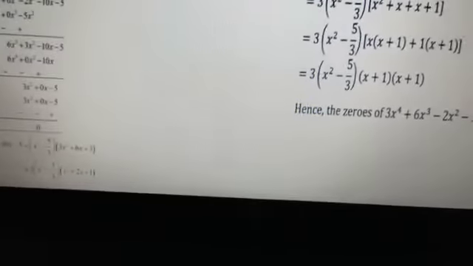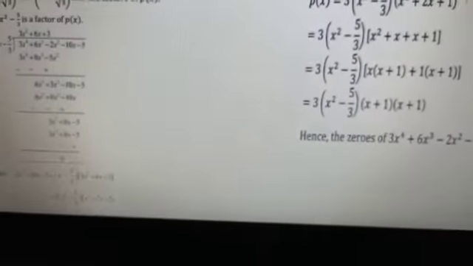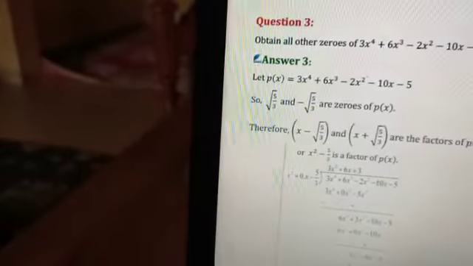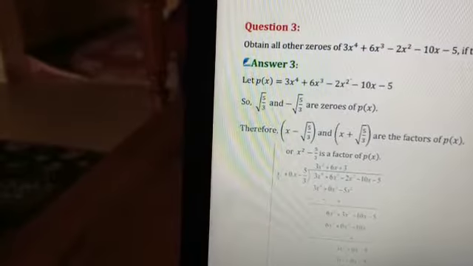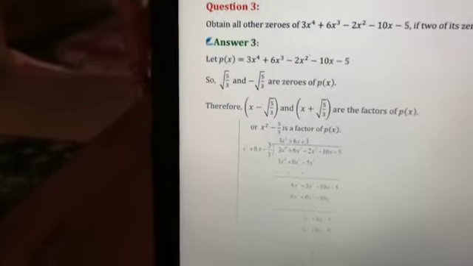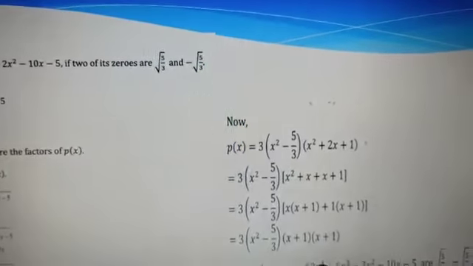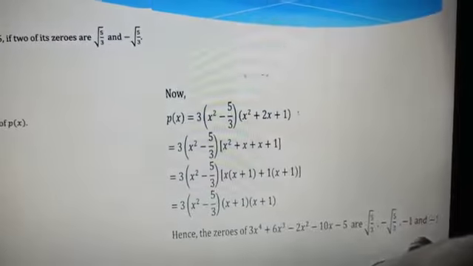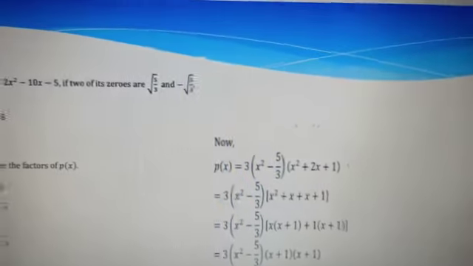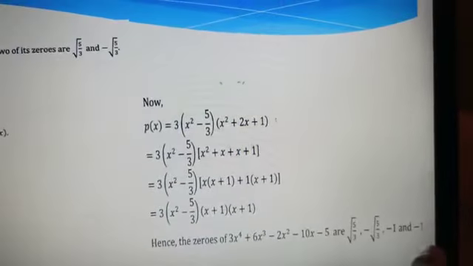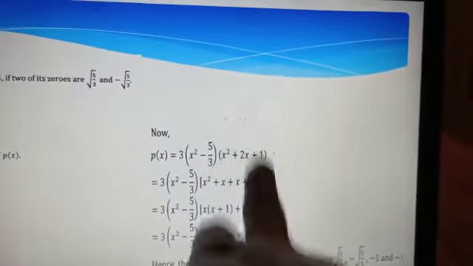Another way of doing it: you have simplified it as 3 into x square plus 2x plus 1. This simplified version will further undergo splitting the middle term, and you will get totally 4 zeros. The first two zeros have already been given in the question. You will get the other two zeros after splitting the middle term.